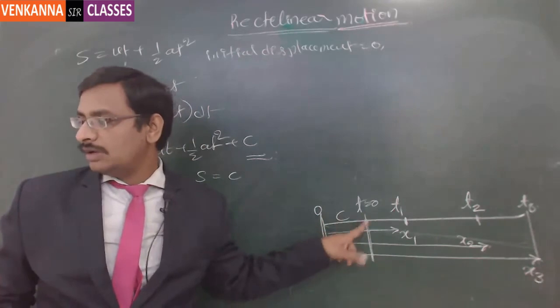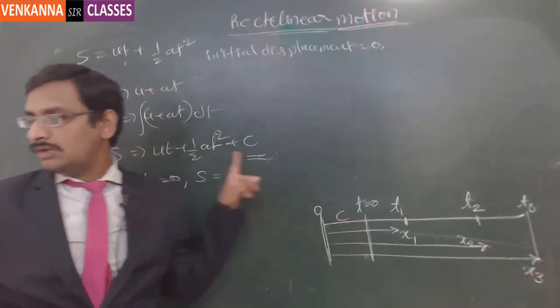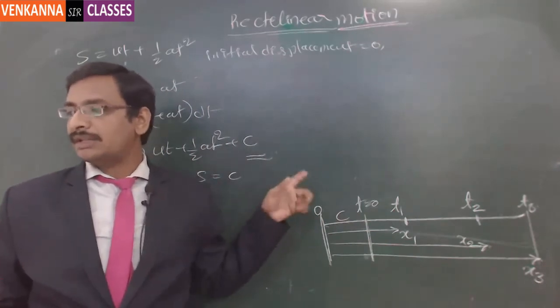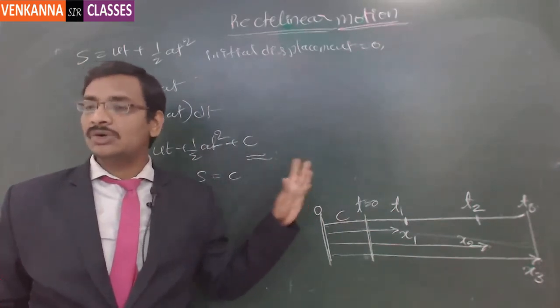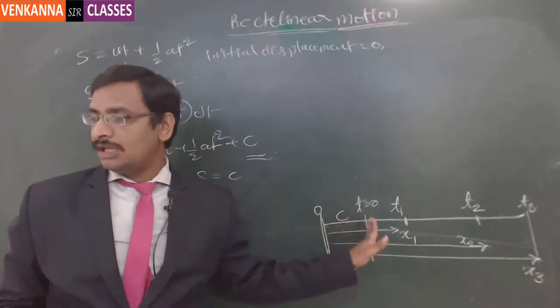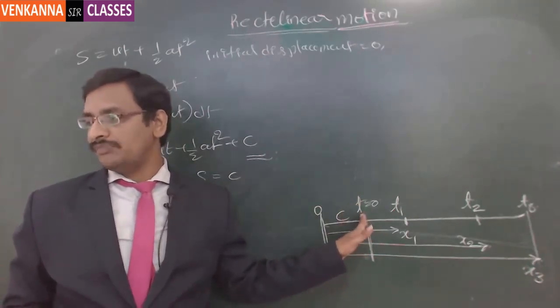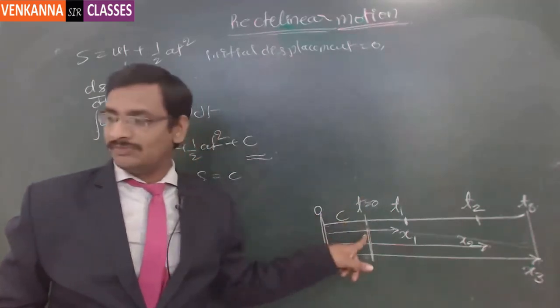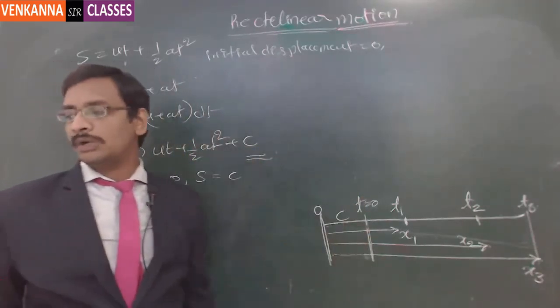Now this constant we were ignoring, because earlier we treated that the particle started at t is equal to 0 with a displacement of 0. That means we treated x as equal to 0. But in this particular problem statement, at t is equal to 0, x is equal to c. Hence this c needs to be counted.